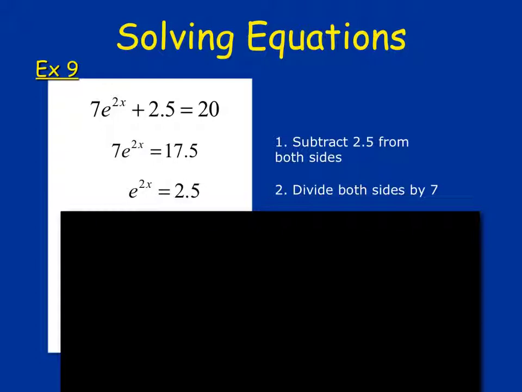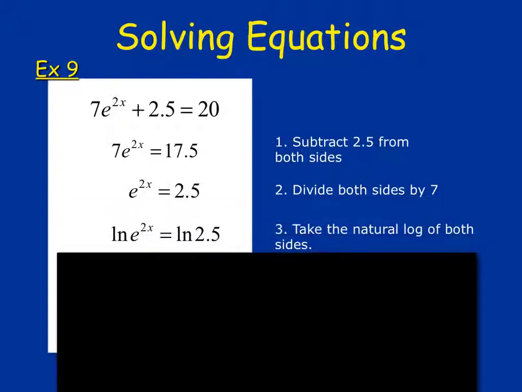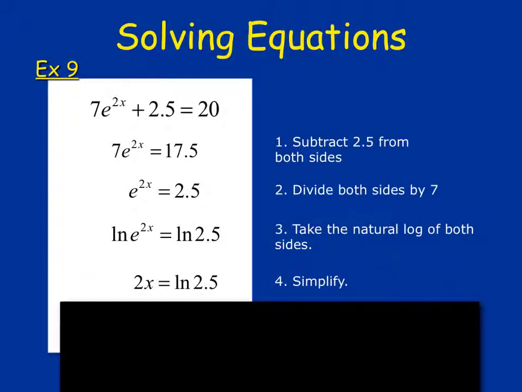And then what we're going to do is we now can take the natural log of both sides, because then we can cancel out that natural log and the e. We're going to undo that. Okay, so if we take the natural log of both sides, then we end up with 2x. This side, that expression just becomes that.